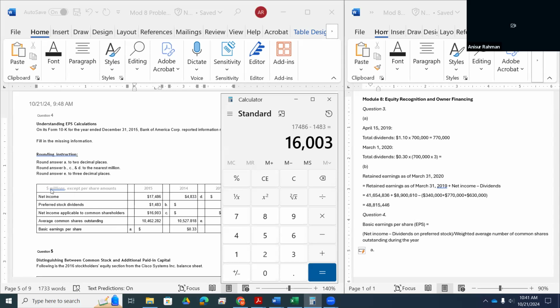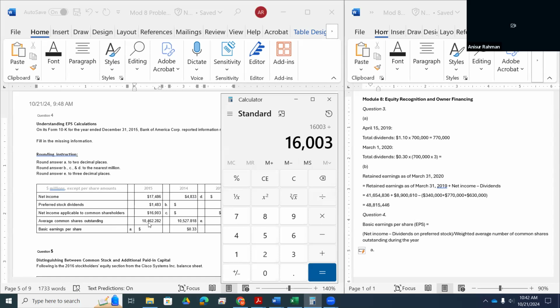So it says dollars in millions except per share amounts. Okay. So these are in millions, so you have to convert this into millions.